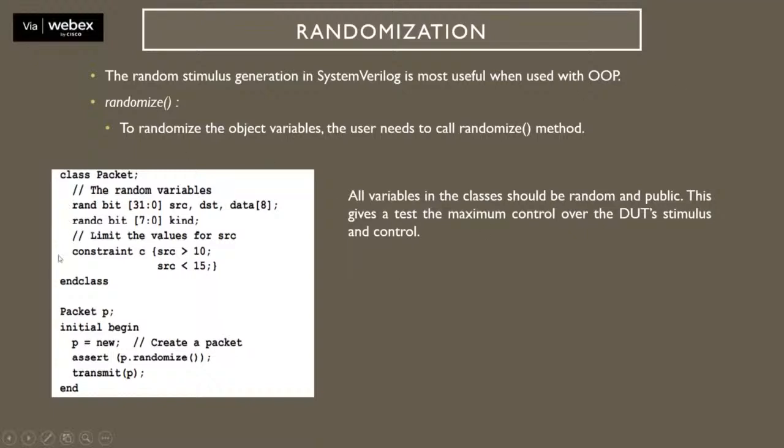This is the class. In this class, all the variables should be random and public. First of all, the variables should be public and random; that is the first criterion. Here we have taken source, destination and data, which are random, 32 bits. And we have randc, that is cyclic random, for the kind, which is 8 bits.